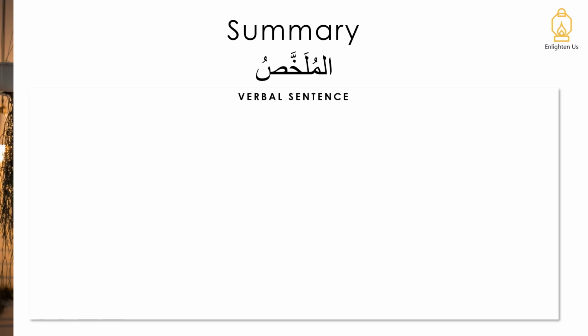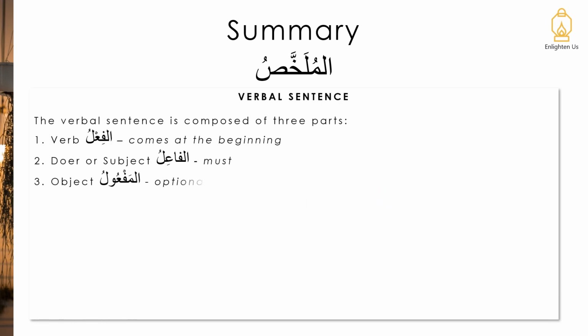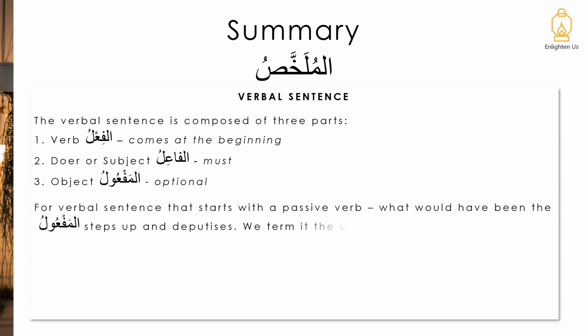So we've been looking at the verbal sentence. We said that the verbal sentence is composed of three parts: the fi'l, the fa'il, and the maf'ul. Fi'l comes at the beginning, must have a fa'il, and the maf'ul is optional. We talked about the fact that where a verbal sentence starts with a passive verb, the maf'ul will step up and deputize, and we call it na'ib al-fa'il, and na'ib literally means deputy.